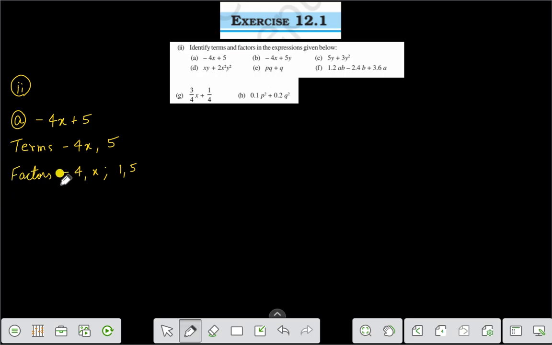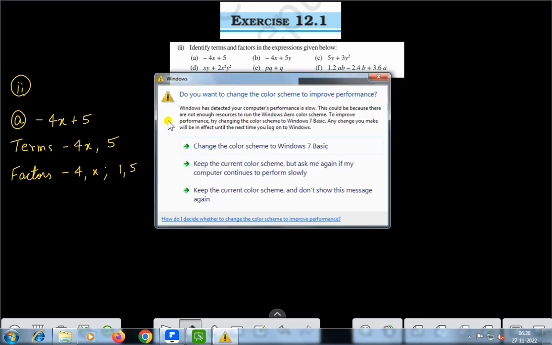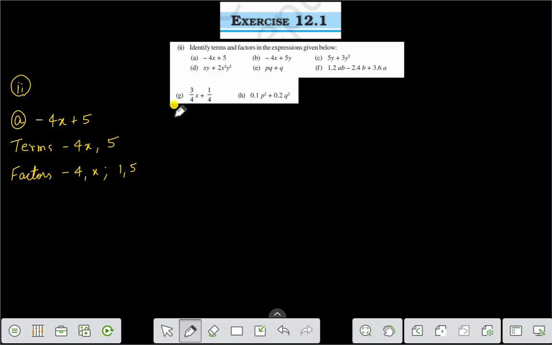Now for question number B. Question number B is minus 4x plus 5y.